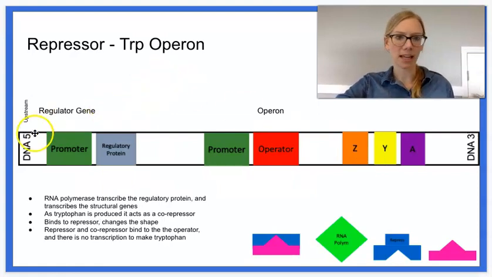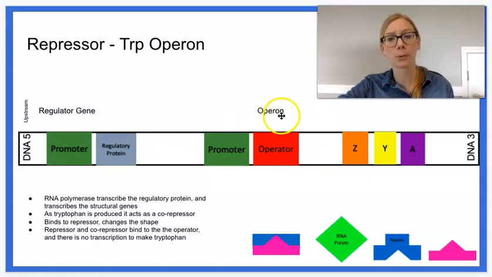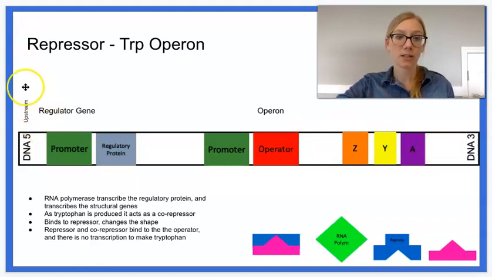Okay, so same idea: DNA 5', 3', regulator gene area. We have a promoter. It's going to make some sort of regulatory protein. We have our operon area with a promoter, an operator, our genes. And here's going to be upstream. First thing, our normal is on. So what does that mean?